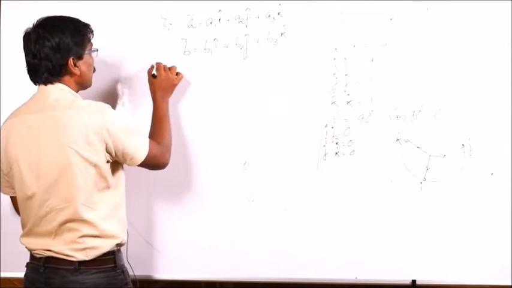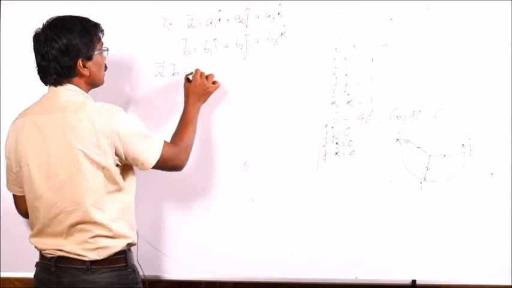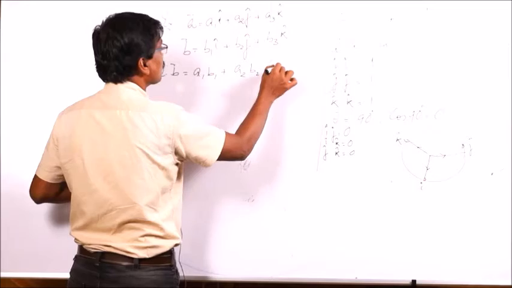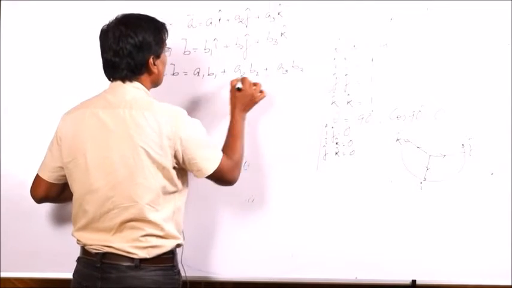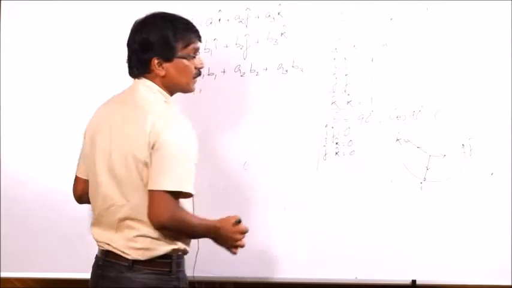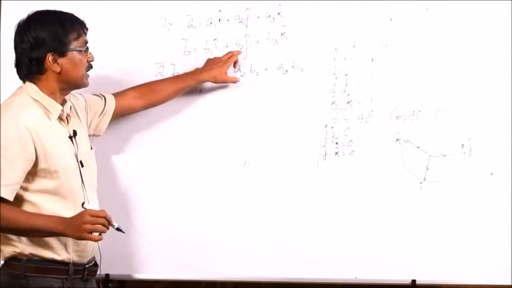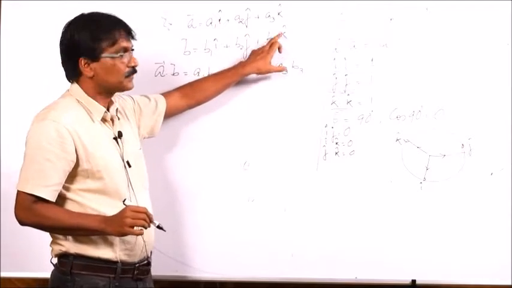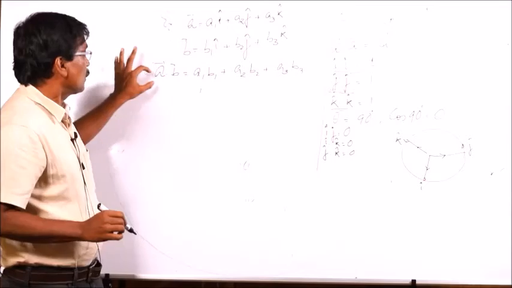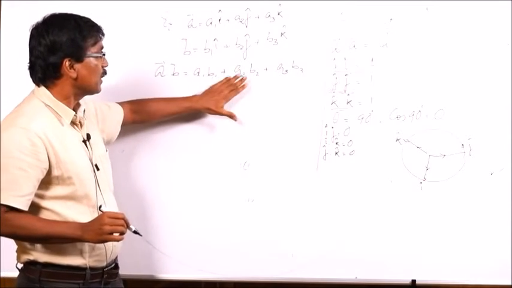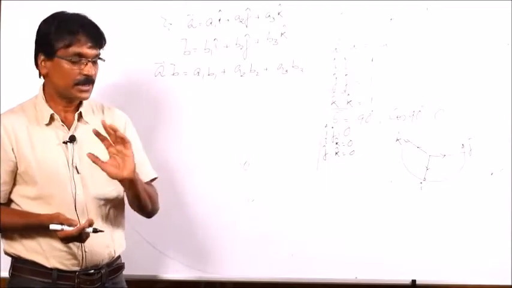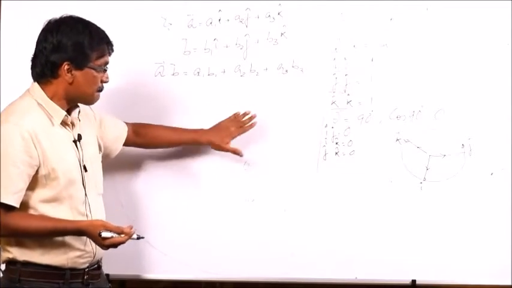So A dot B will be a1 b1 plus a2 b2 plus a3 b3, because i dot i is equal to 1, j dot j is 1 and k dot k is 1, and i dot j is 0, i dot k is 0, j dot i is 0, j dot k is 0. So we have A dot B equal to a1 b1 plus a2 b2 plus a3 b3. That is how we can define A dot B component wise.